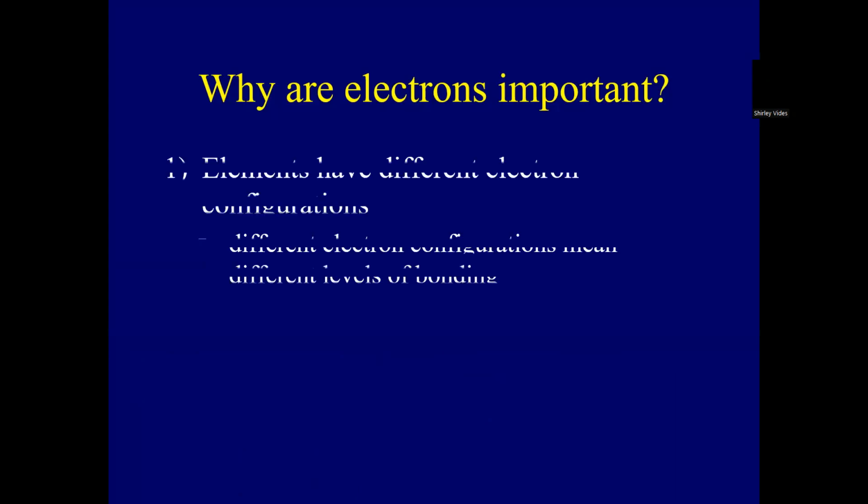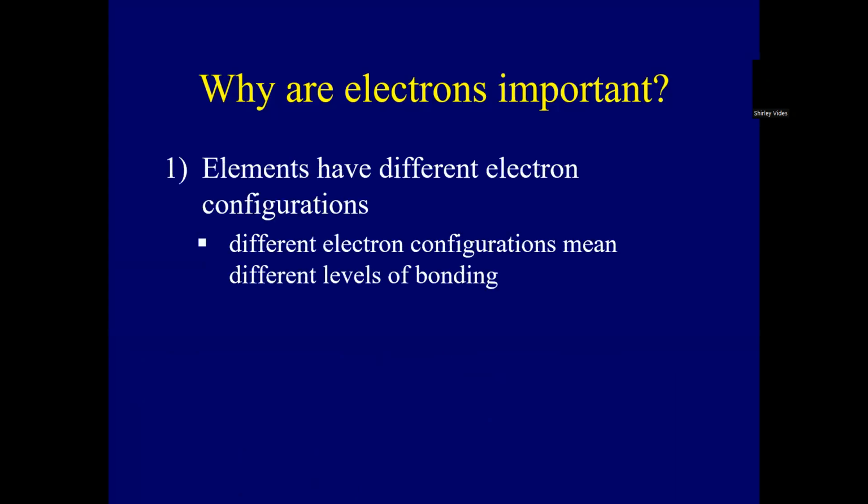All right, why are electrons so important? Like I was telling you, it's because you have bonding with them. The ones that are most important are the outer shell electrons, also known as valence electrons.